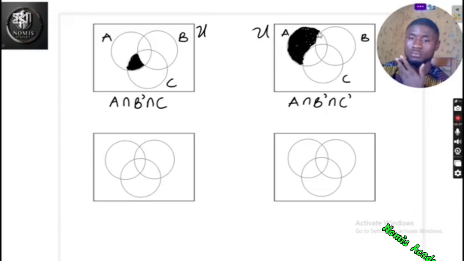So this is A intersect B complement intersect C complement.